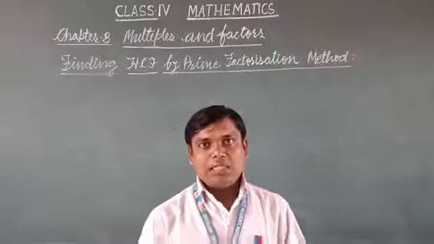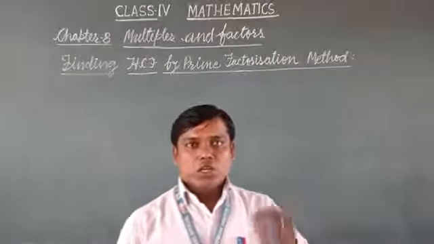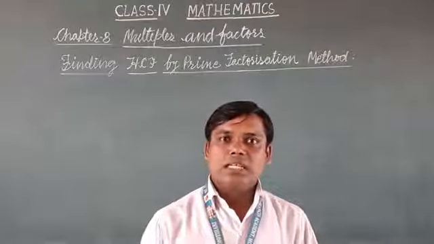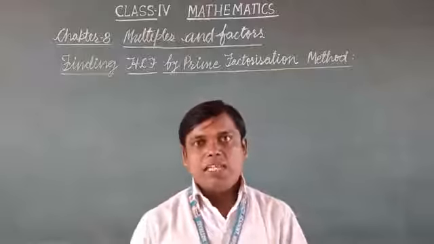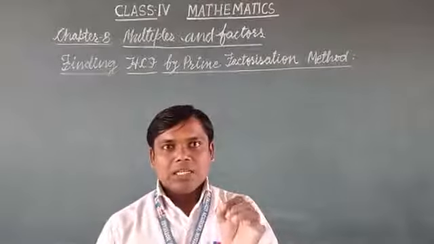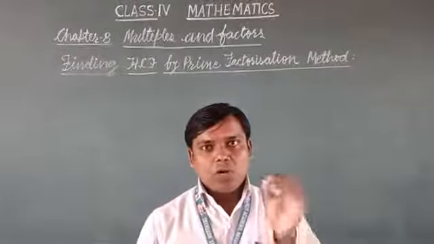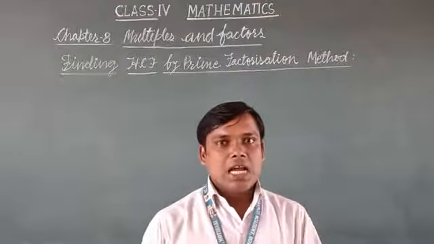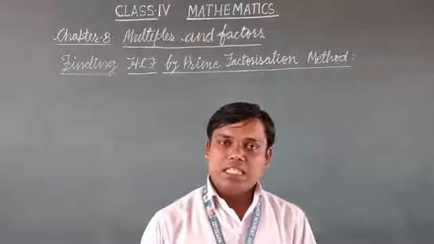Then we write the common prime factors among the given numbers. In case of HCF, we will write the product of all common prime factors of the numbers, and that product will be the HCF.